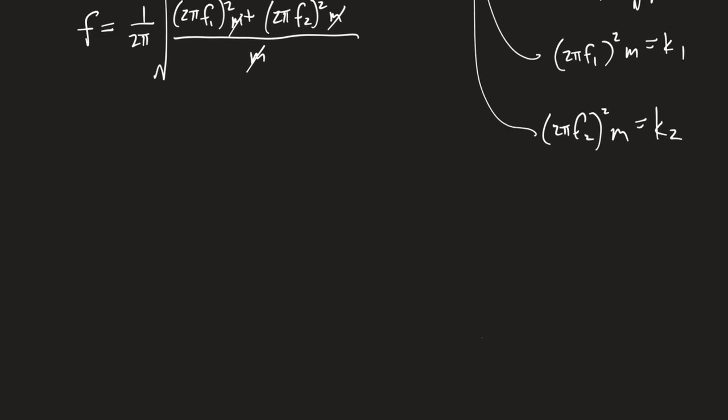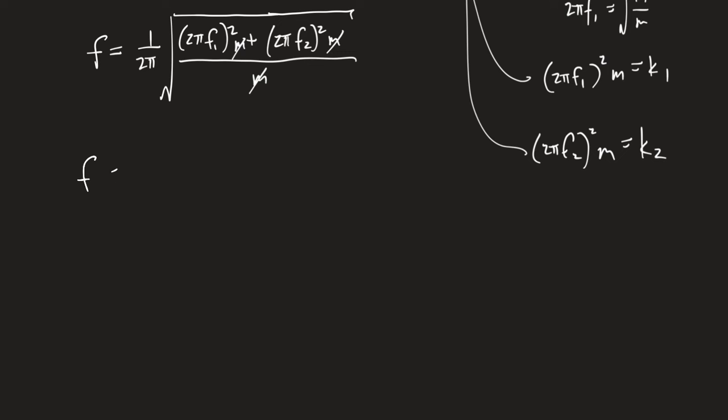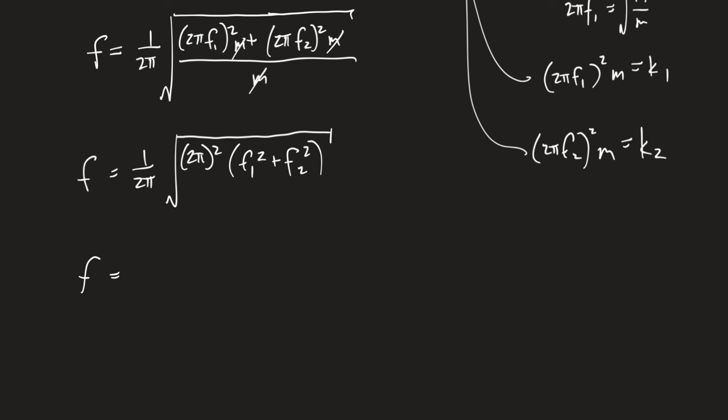That might be worth a rewrite. And the square root of 2 pi squared is still just 2 pi. Ta-da.